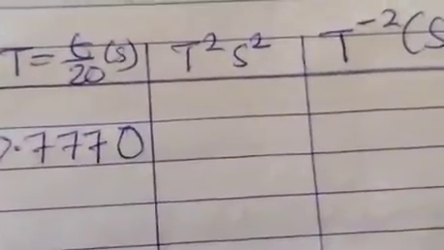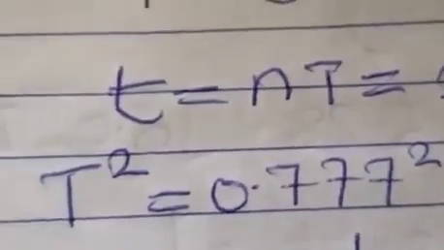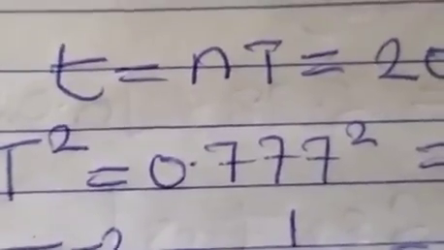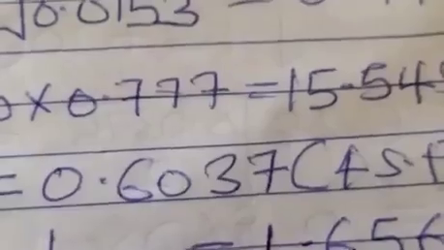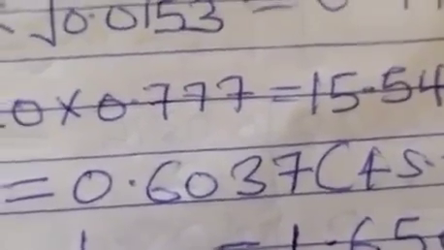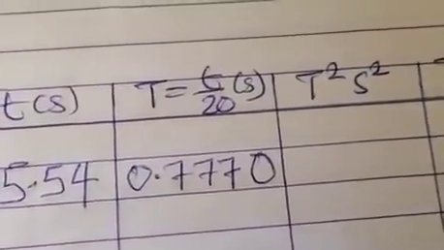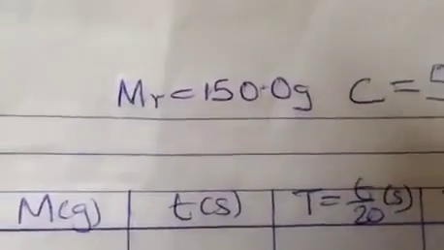Having done that, the next thing we'll do is find the square of the period. The period is already 0.777. The square of 0.777 gives us 0.6037 to 4 SF. So the square of the period is 0.6037.